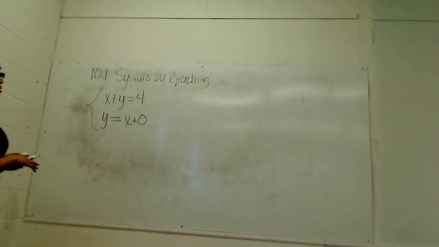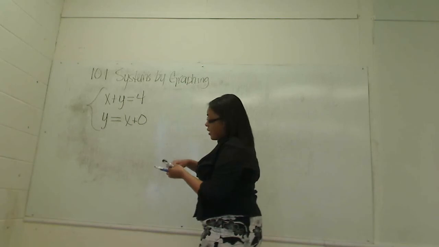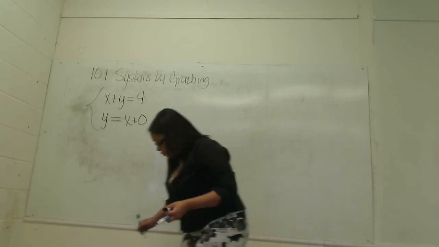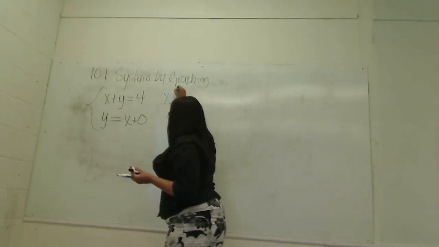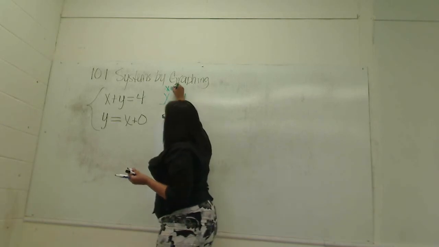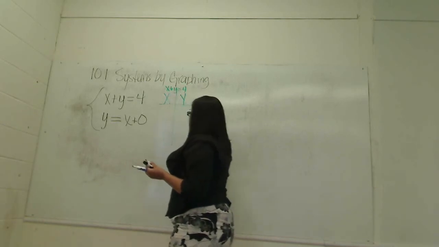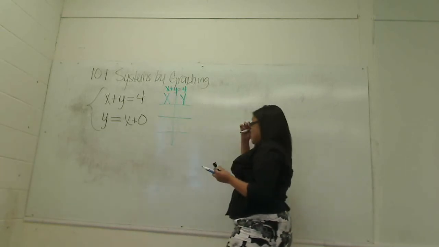With graphing, it is important to make the x, y table. So we're going to go ahead and do that. This will be for x plus y equals 4. Let me do this one first. I want to pick some numbers.